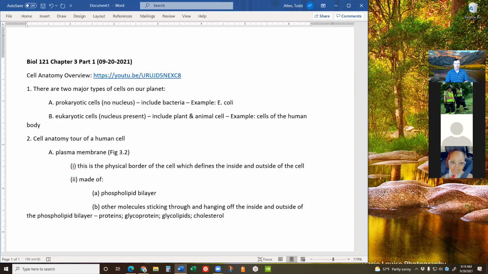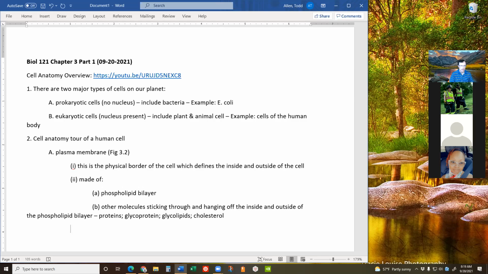So the plasma membrane is actually a fairly complicated structure. Its main component is the phospholipid bilayer, but there are a variety of other molecules sticking in it and through it that enable the cell to interact with molecules on the inside surface of the cell as well as on the outside surface of the cell.